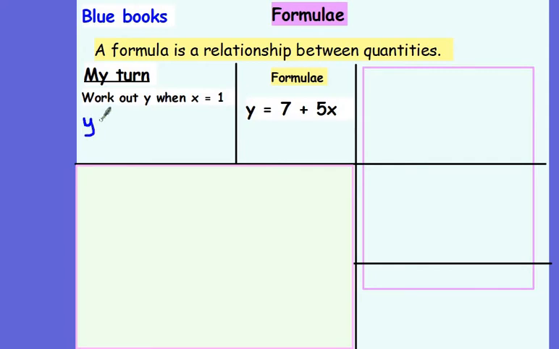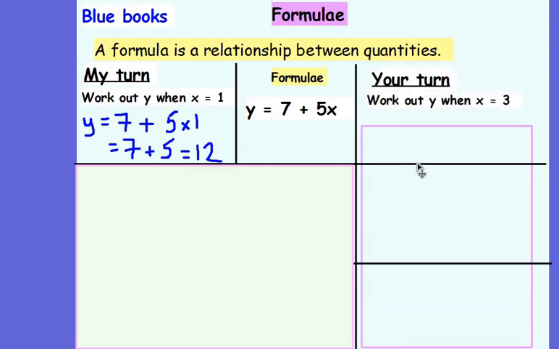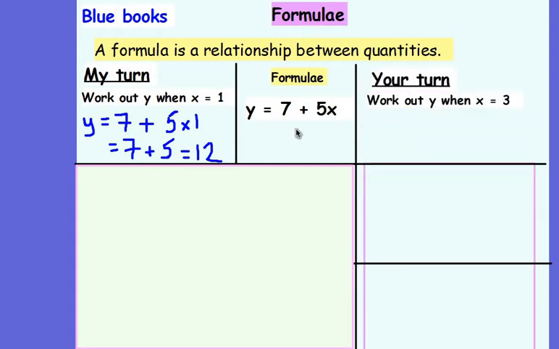So y is equal to 7 plus 5 times 1, which is 7 plus 5, which is 12. Your turn. This one's for you in your dark blue books using the same formula. Pause the video for a couple of minutes and work that out for me.